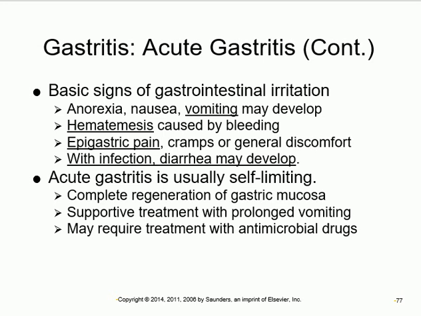This part specifically. So the pain will be here, with vomiting. Some of the vomiting will contain blood, and you call it hematemesis. If you see this combination, vomiting, some blood, pain, that equals acute gastritis. If there is infection, there might be some diarrhea as well.